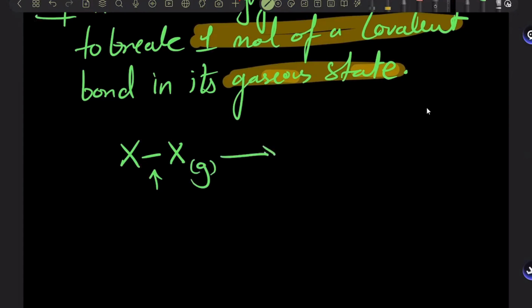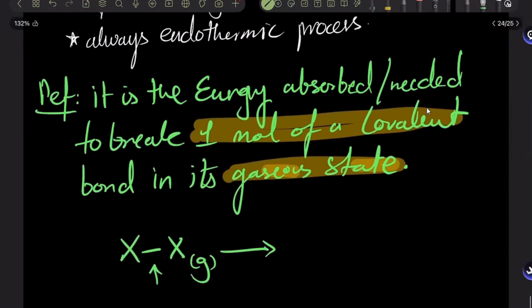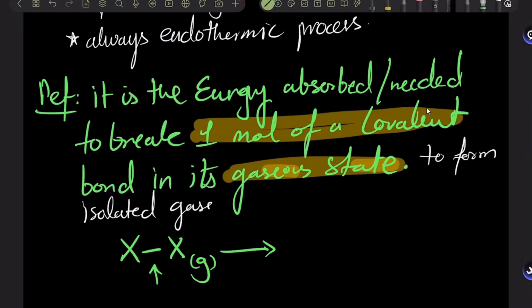When you break this, these two atoms which were covalently bonded are now not bonded to each other, so they become isolated gaseous atoms. So I can also add this in the definition: energy absorbed or needed to break 1 mole of a covalent bond in its gaseous state to form isolated gaseous atoms.